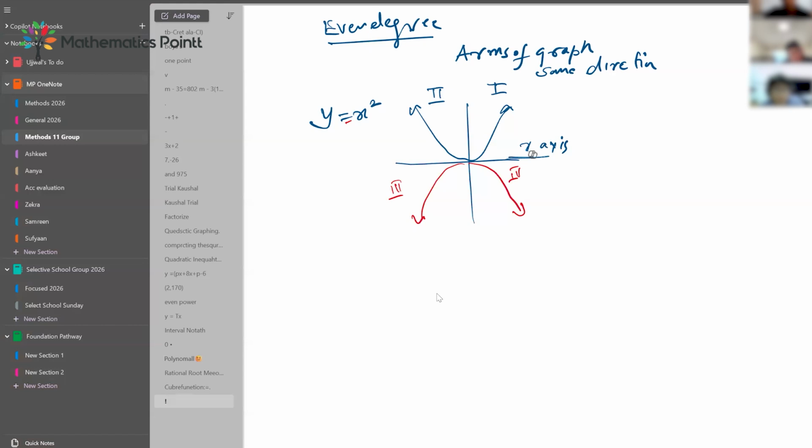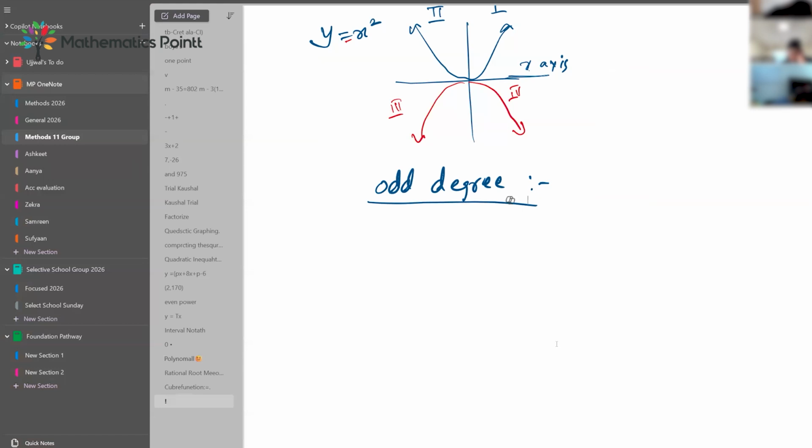Now let's talk about the odd degree. So the odd degree, the arms of the graph are always in the opposite direction. Remember that.